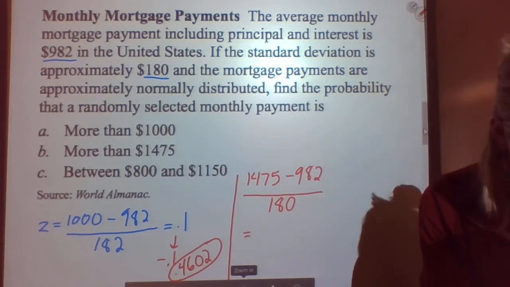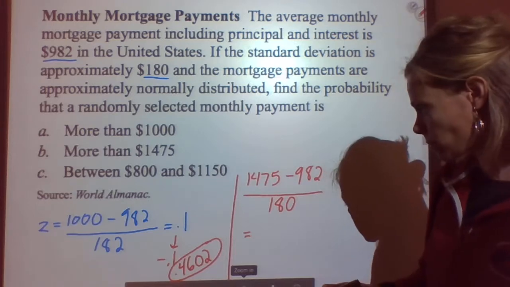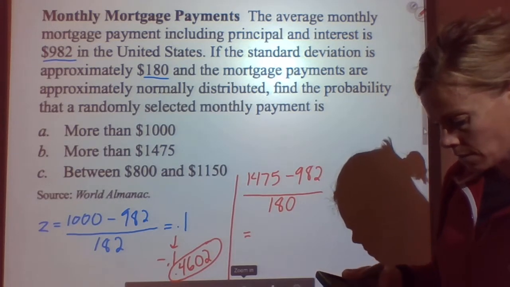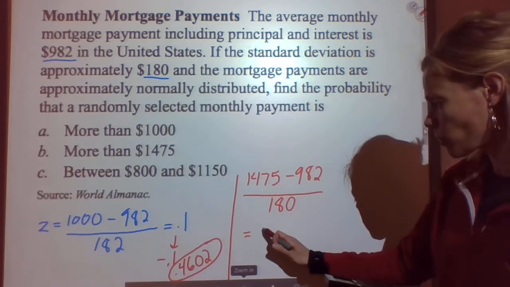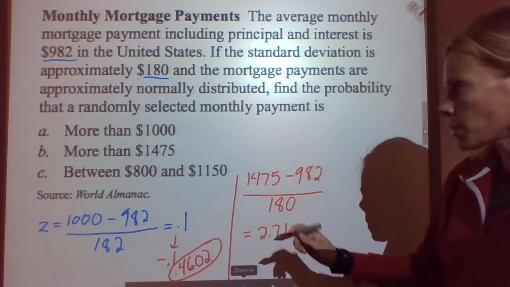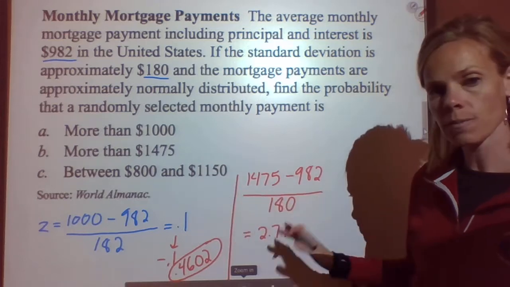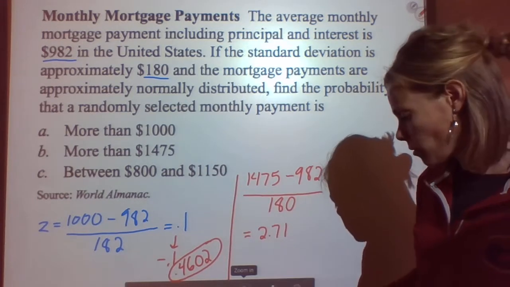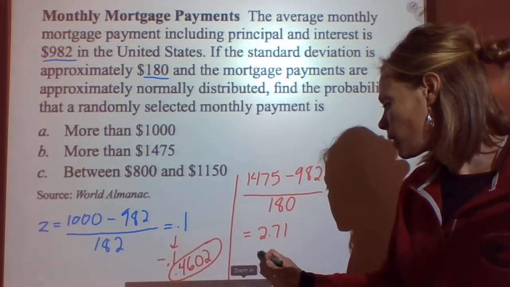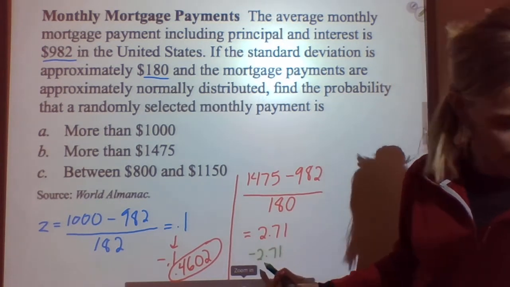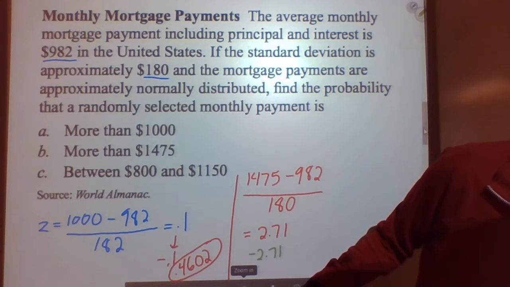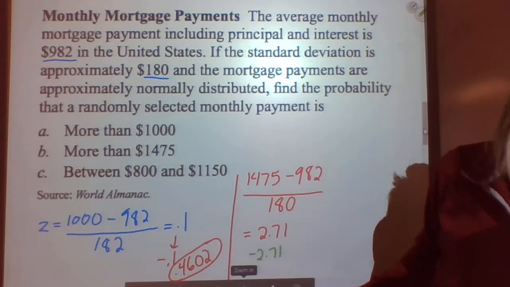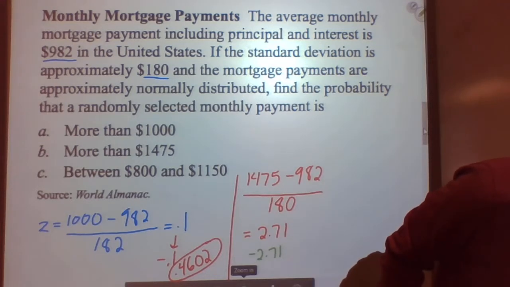And I get 2.71, but it's more than, area to the right, so am I looking up 2.71? Nope. I'm going to look up a negative 2.71, and a negative 2.71 is 0.0034.